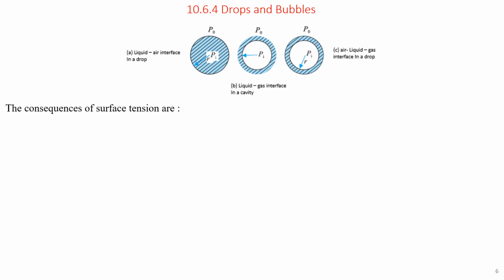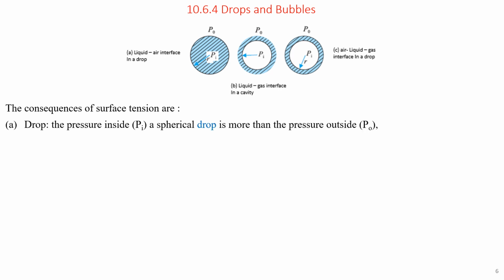The consequences of surface tension are a drop, shown in figure A. The pressure inside, P_i, of a spherical drop is more than the pressure outside the drop, P_o. P_o is the pressure outside, P_i is the inside pressure, and the radius of the drop is r. We can calculate this if there is a slight increase in the spherical drop radius.